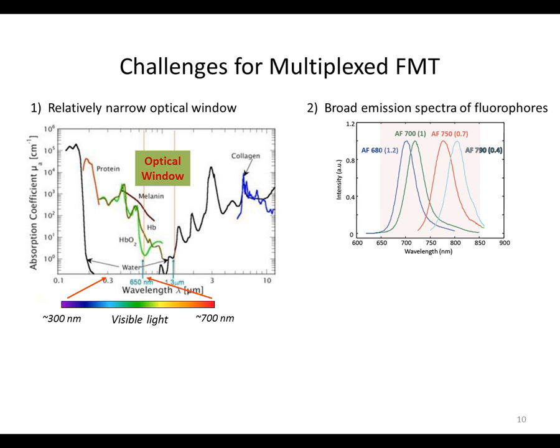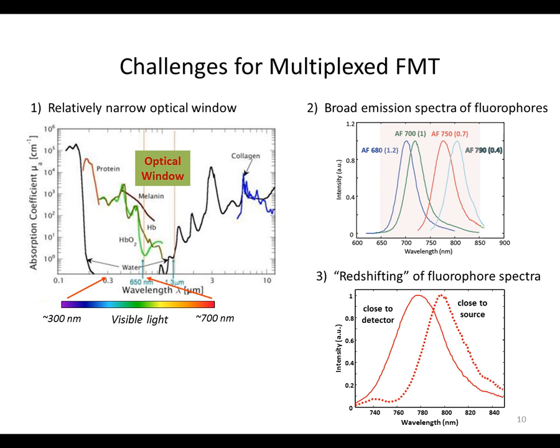And the situation is actually even more challenging than that, because since the optical properties are wavelength dependent, we know that the signature that we're going to measure depends on the amount of tissue that the fluorophore emission has had to travel through.